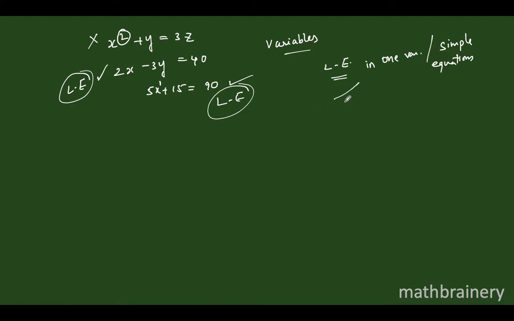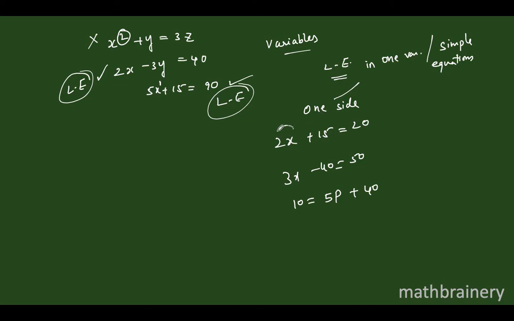Okay. Now we come across two situations or two cases when we talk about linear equations in one variable. The first case is when the variable term is only on one side of the equation, something like 2x plus 15 is equal to 20, or say 3x minus 40 is equal to 50, or let us say 10 is equal to say 5p plus 40. Okay, these are just some of the examples, but what is important is observe where the variable term is situated.